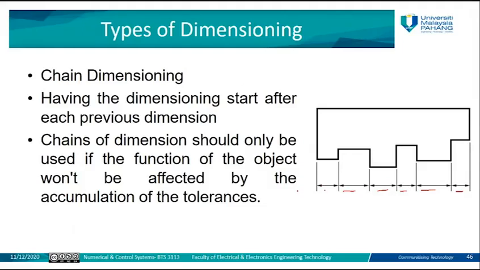So this we call chain dimensioning of the figure. This type of dimensioning will be affected by the accumulation of tolerance, because if the tolerance is 0.05, for example, each dimension adds its own 0.05, so the whole tolerance accumulates.